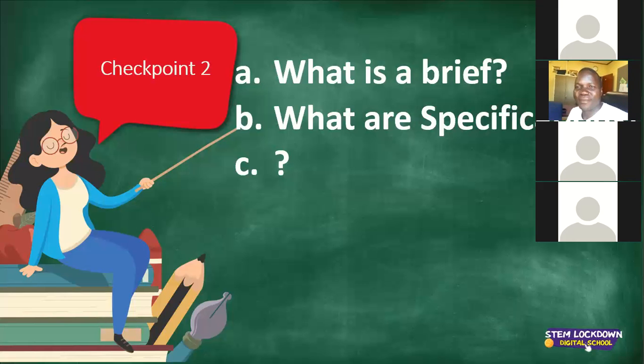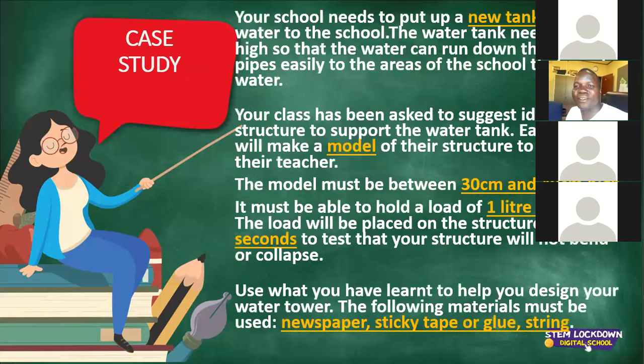It must be 30 centimeters to 40 centimeters, without the water on top. Maybe on top you're going to place a container. This one is too big. Maybe on top you're going to put this thing.